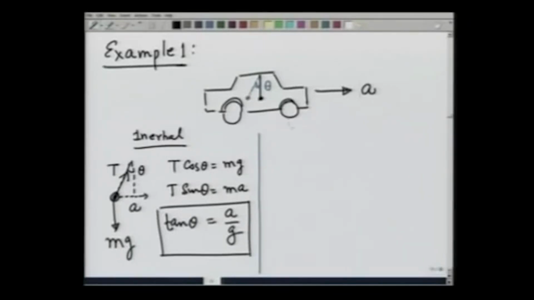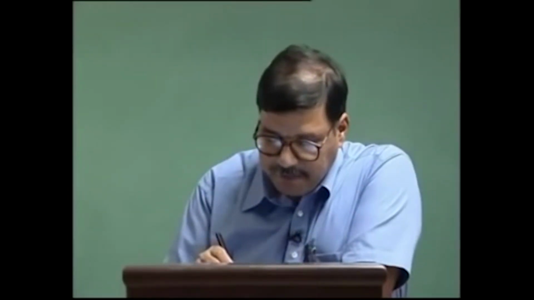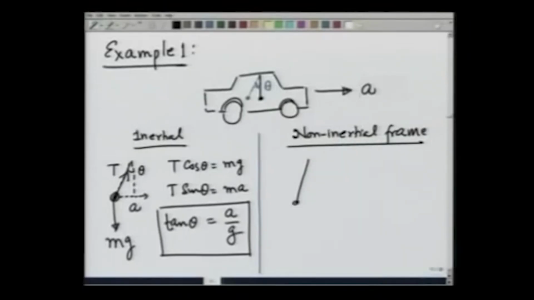What if I look at the same problem in a non-inertial frame? And what frame do I choose? I choose the frame which is attached with the car and moving to the right with it. In this frame, you see the bob in equilibrium under the force mg, tension T, and a fictitious force ma to the left.